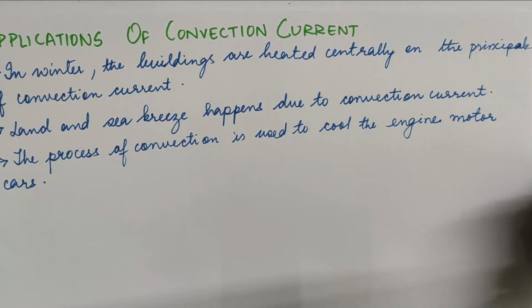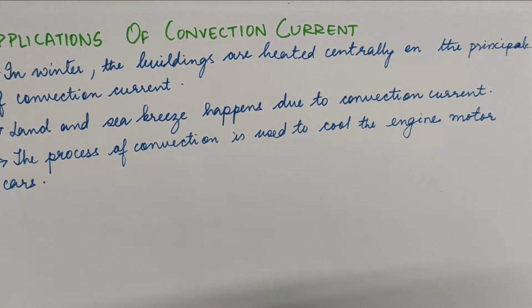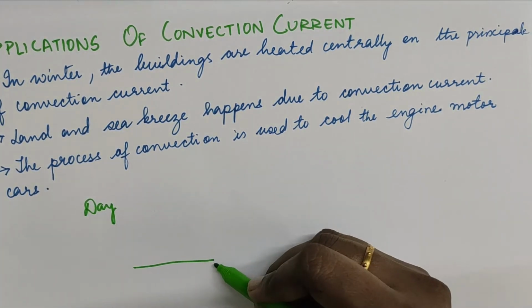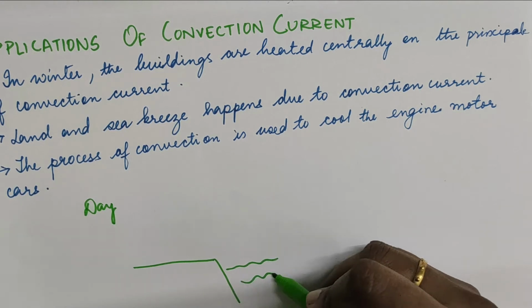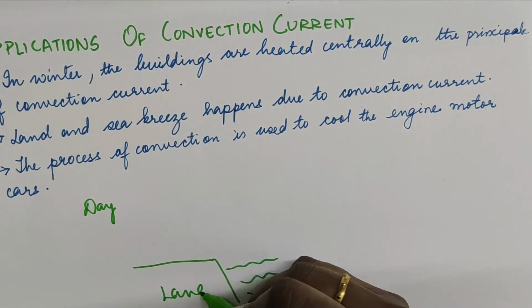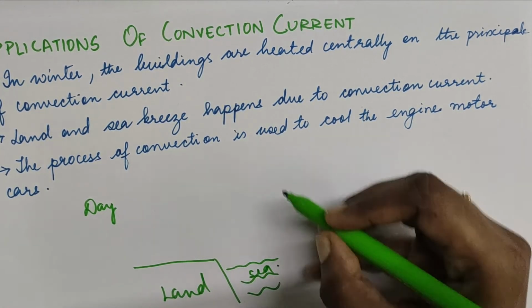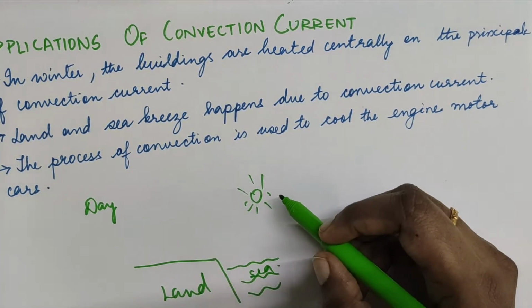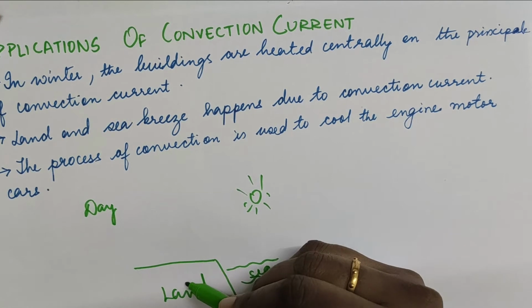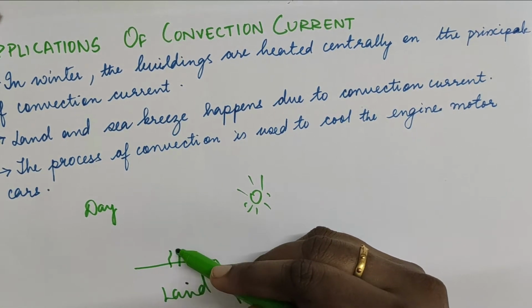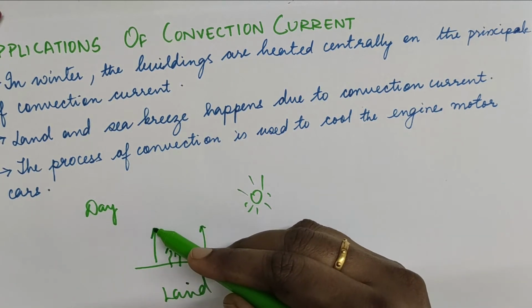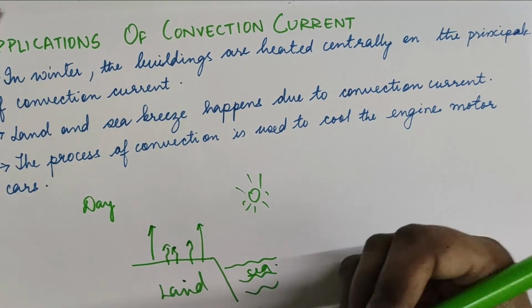Now let me explain what is happening in land and sea breeze. During the daytime, if this is the land and this is the sea, because of the heat of the sun the air near the land gets hotter fast, and hot air rises above. Always remember, hot air rises above because of the convection current.